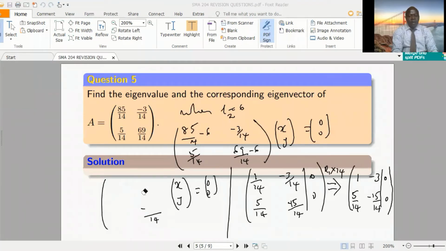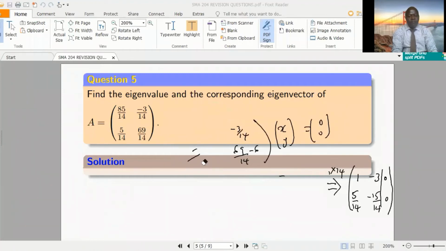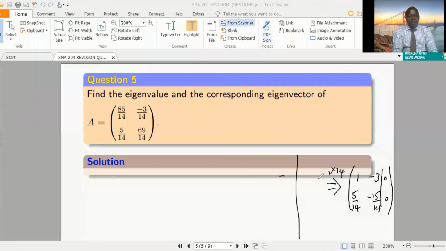Now, having created that leading one, use it to clear column 1. Let me just create some space here. What I'm doing, we've already done before, so it's not something new. You know how to use Gaussian elimination.